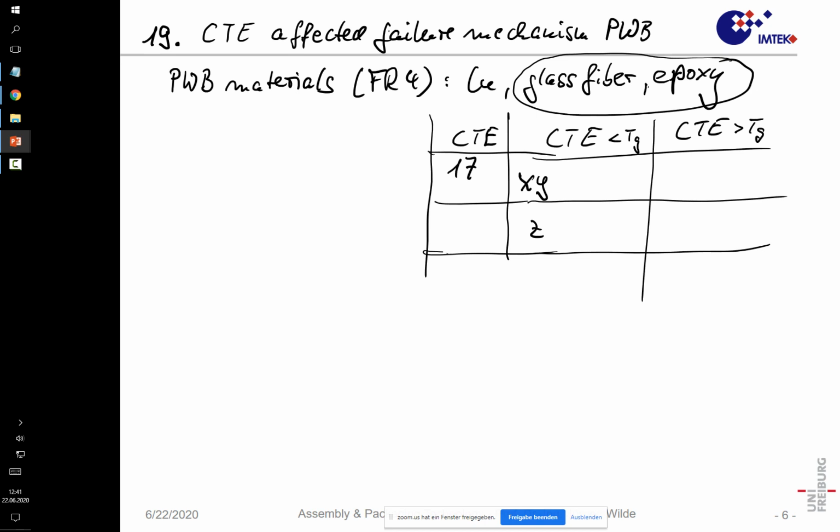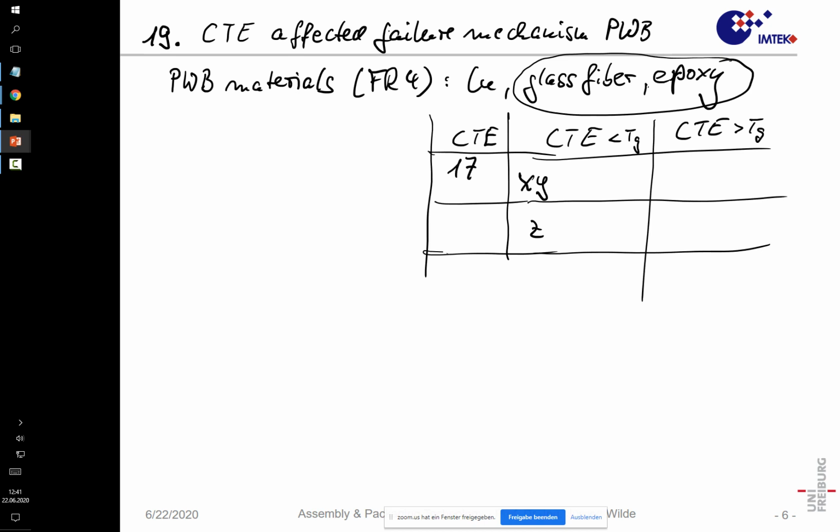So to break those bonds, you have to bring up an energy of 2 to 3 electron volts per bond. And in such a material, just by temperature, you will not break these bonds before it goes up in smoke.